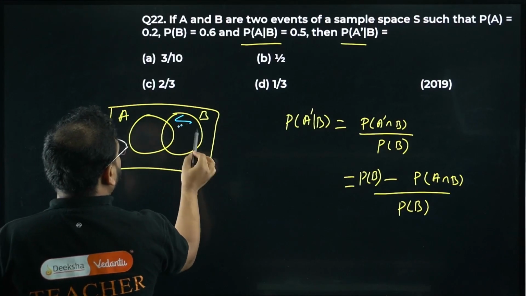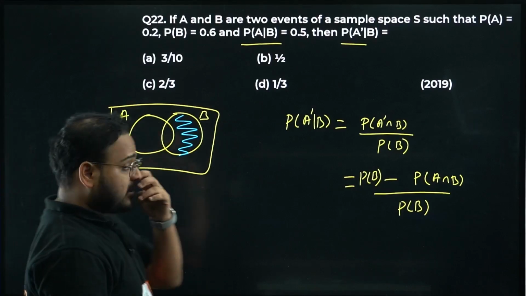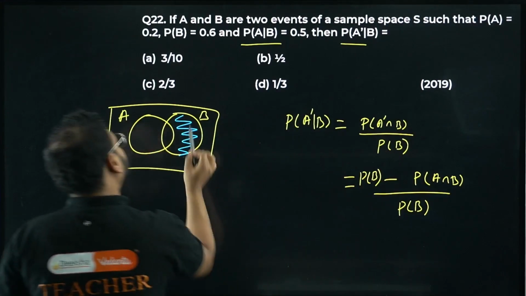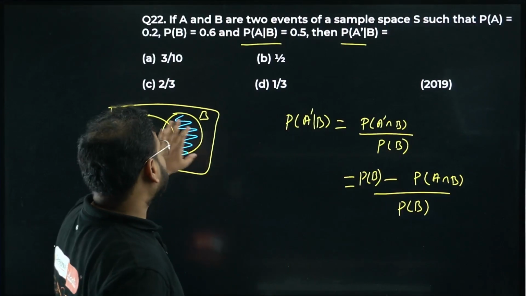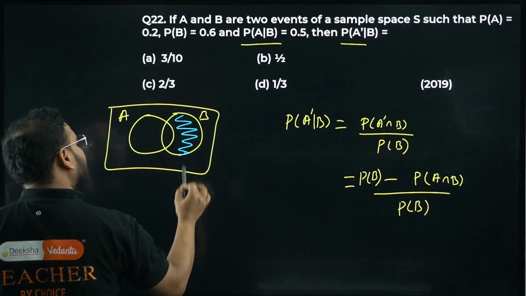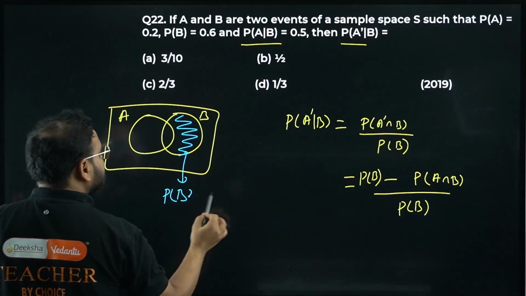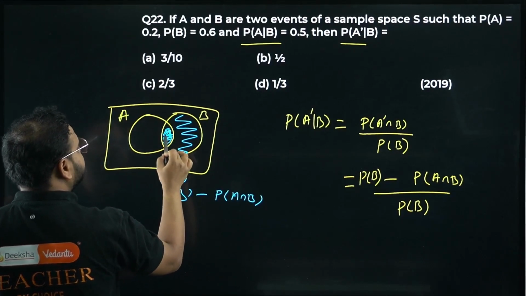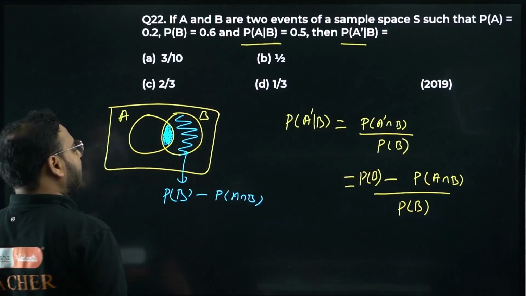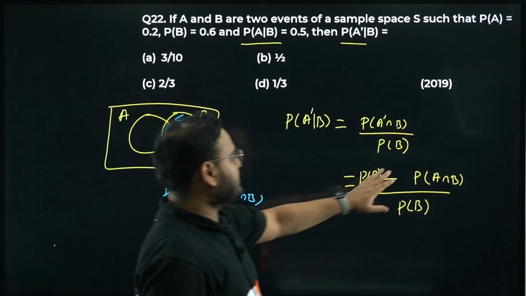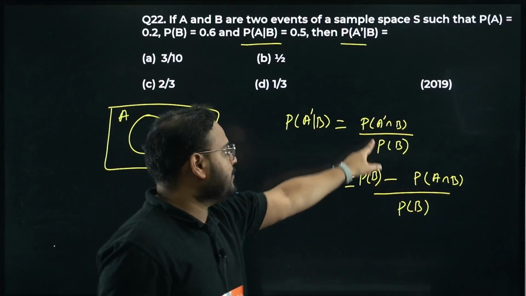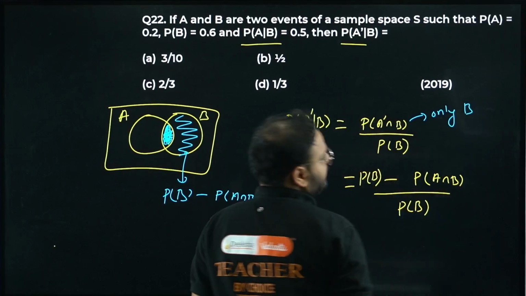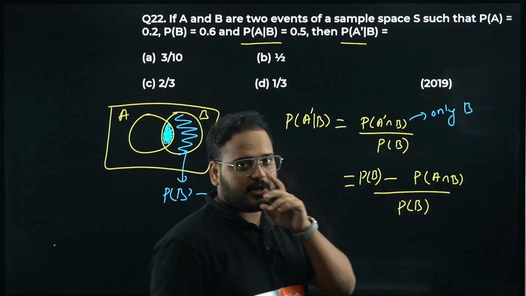I can write that as total P(B) minus the intersection of A and B. Basically, I'm going to remove this part over here. If I remove this part from the total B, I'll get only the B part, right? That's what I've done. From the total B, I've removed the intersection part, so I get only B. I hope you get it.